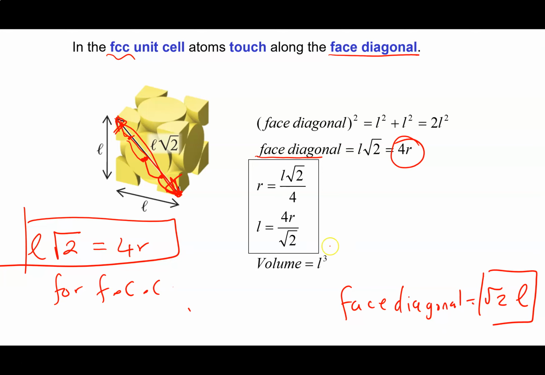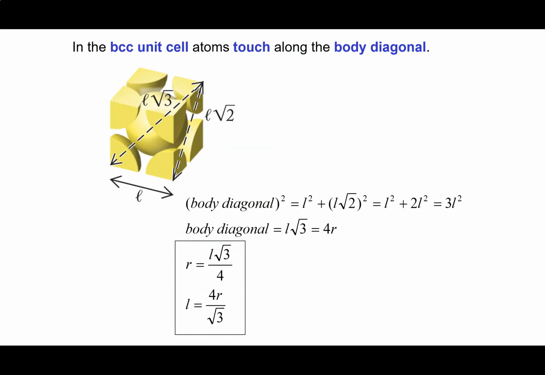Again, if I can solve for my edge length, I can always cube it and solve for the volume of my unit cell. All right, so we're only missing one now. We need to look at what it is for the body-centered cubic unit cell. So the body-centered cubic unit cell is a little more complex. The atoms touch along what's referred to as the body diagonal.